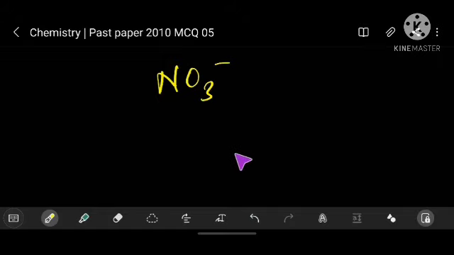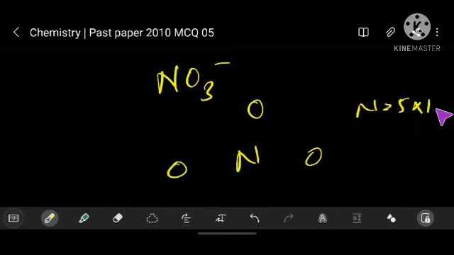Nitrogen is the central atom because it's the least electronegative one. So nitrogen has 5 valence electrons, 5 into 1, that is 5. Oxygen has 6, so we have 3 oxygens, 6 into 3, 18.